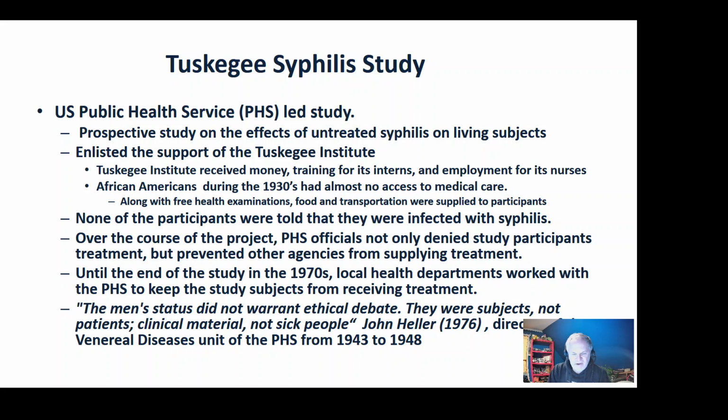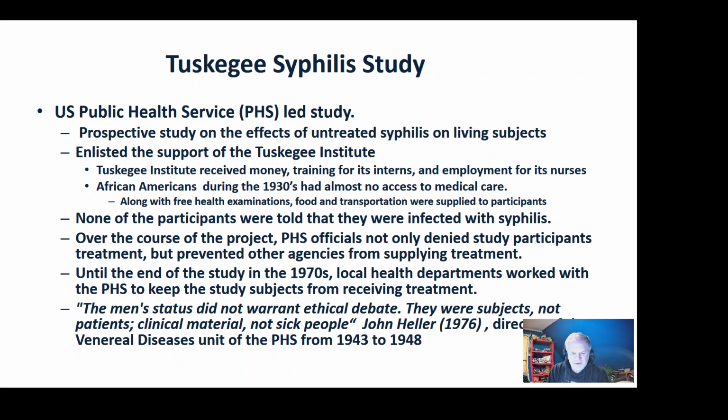The individuals were purposely infected with syphilis, and so they were made syphilitic, and they were not told this. This was in the 1930s, and up through to the 1970s, the researchers continued to observe the individuals who were infected with syphilis to see the effects of venereal disease on individuals.